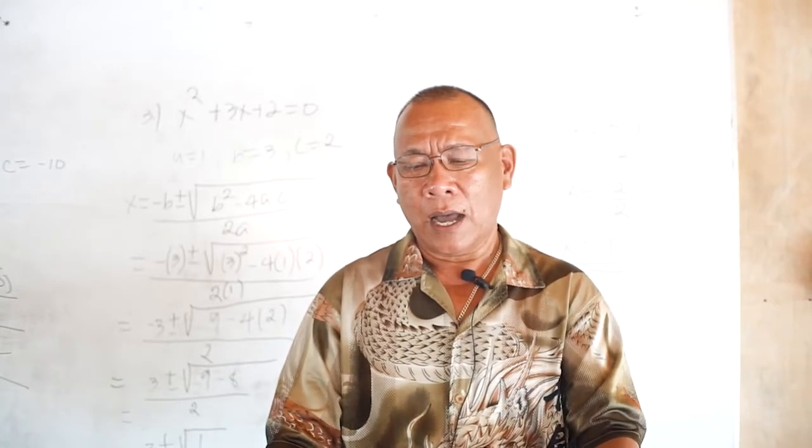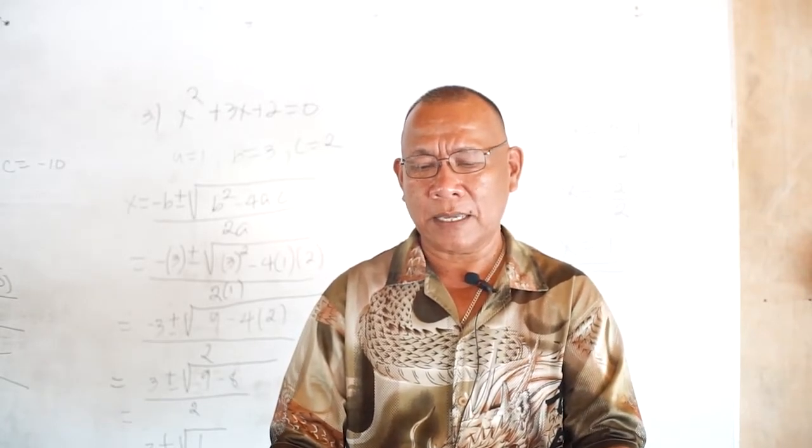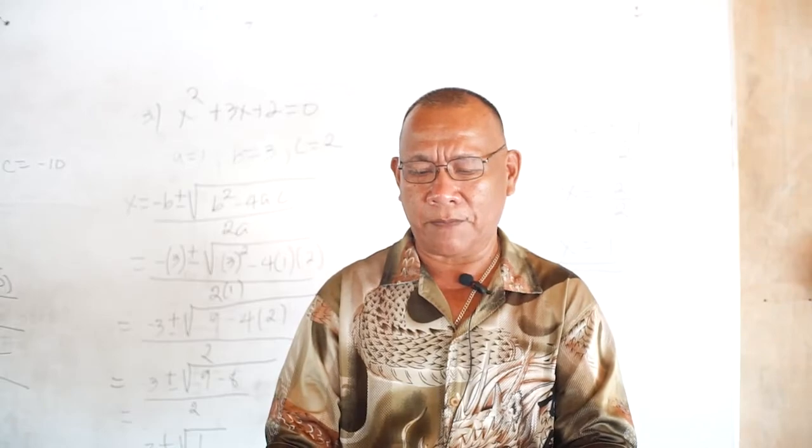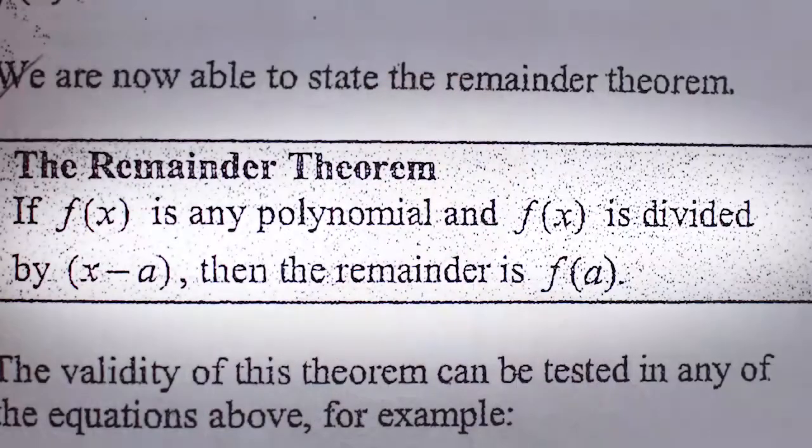So, our first topic is the remainder theorem. If f of x is any polynomial and f of x is divided by x minus a, then the remainder is f of a.